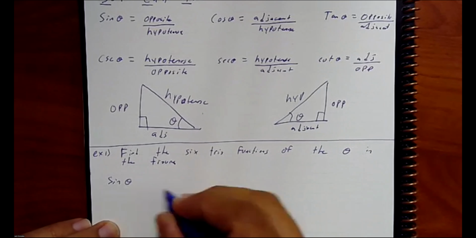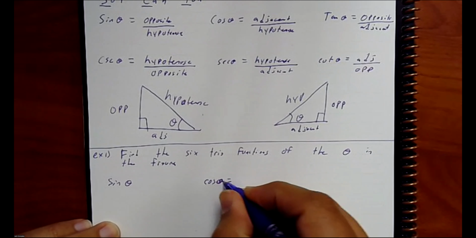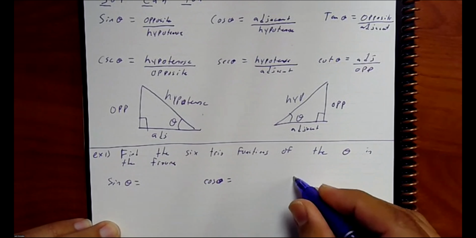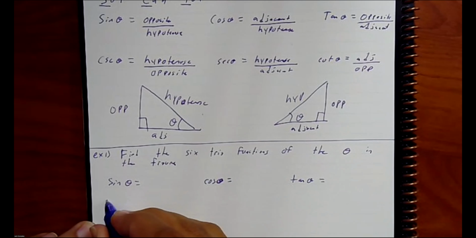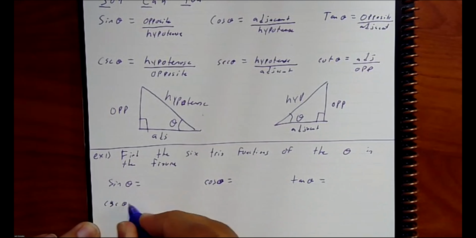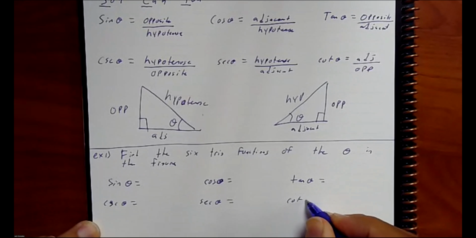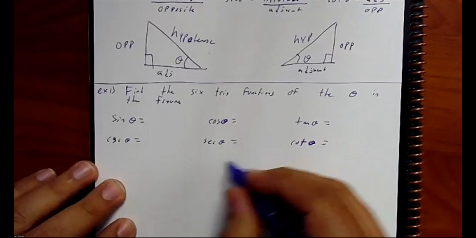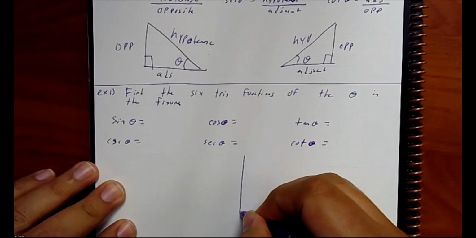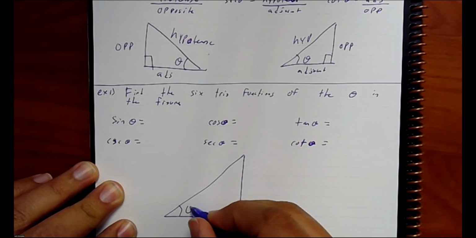Okay, so I'm going to put the original sine, cosine, tangent. This will be cosecant, secant, cotangent. So given this triangle, find all six.